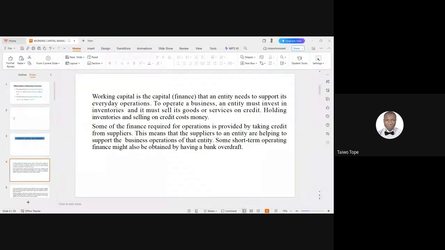So when we have excessive working capital, as we have said, the business will lose profit, and it may result in what we call high bad debt, because one of the components of working capital is debtors.